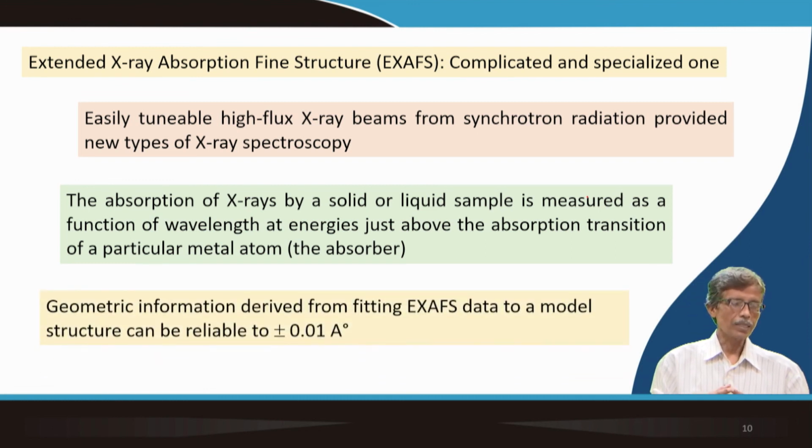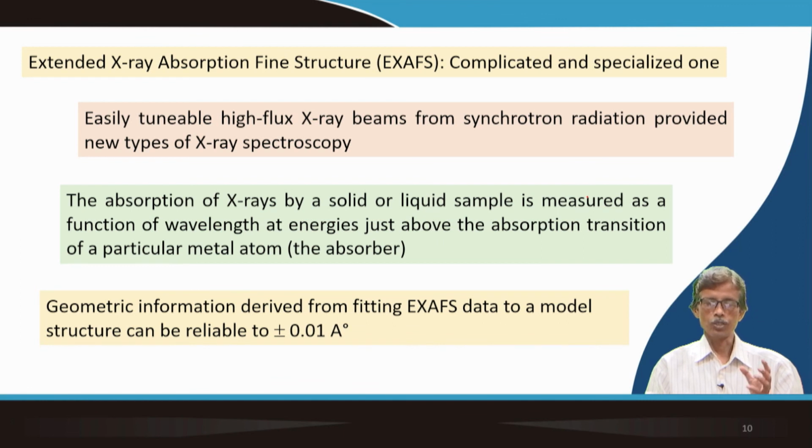So, ultimately we get the geometric information: we identify the metal ion and its typical environment, but again with fitting of the data from known samples or model structures. So, you gather the EXAFS data like your epsilon value or lambda max value for the electronic spectra.